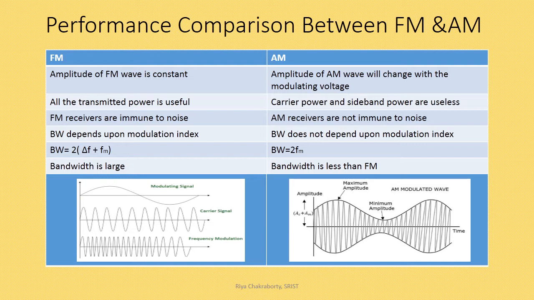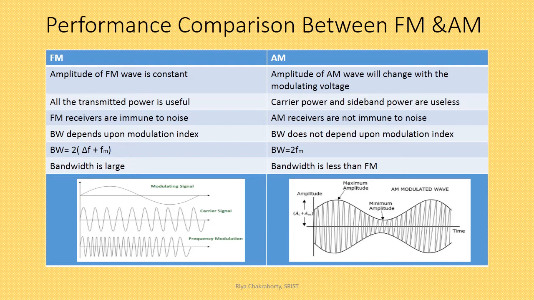Next, in FM all the transmitted power is useful, and in AM, carrier power and sideband power are useless. FM receivers are immune to noise, but AM receivers are not immune to noise. In FM, bandwidth depends upon the modulation index, but in AM, bandwidth doesn't depend upon the modulation index.